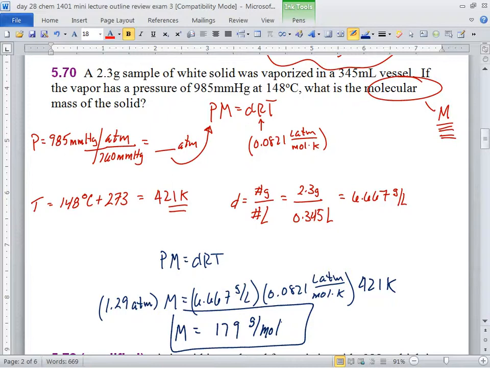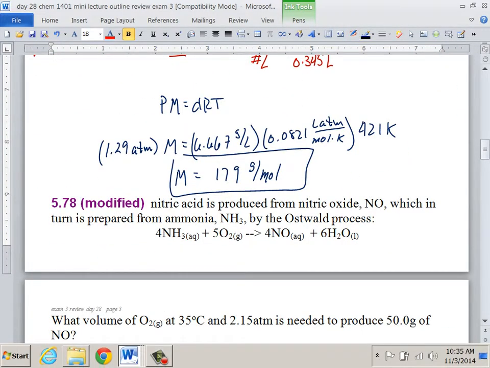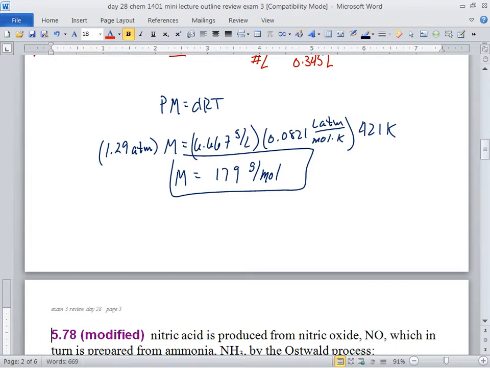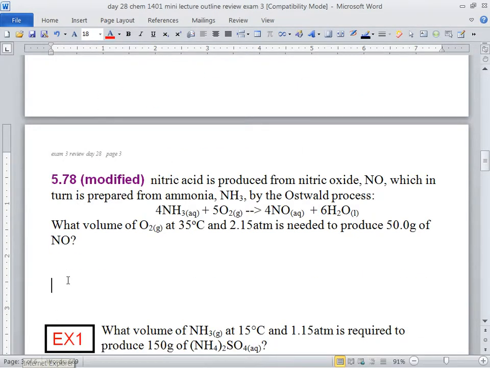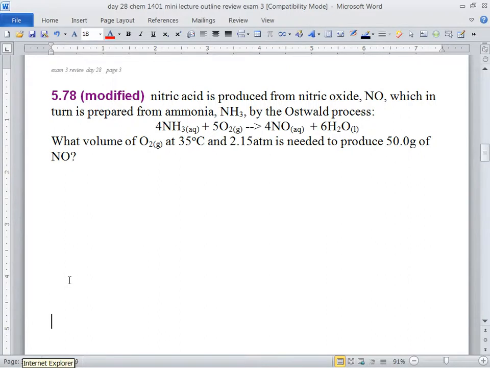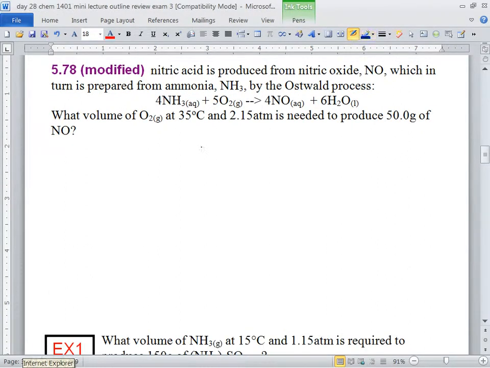Well, let's start back here with what equation they want to use for 78. Start with the equation. What equation do you want to use? Does anybody have an equation that they suggest using for number 78? PV equals nRT. I agree with that. So we're going to solve for this.